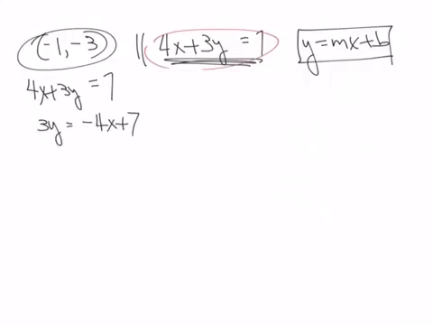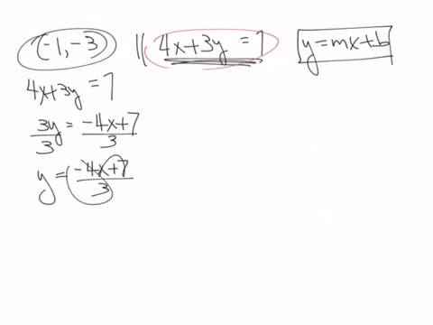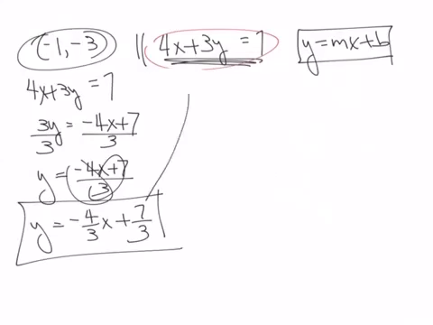We move the -4x over, then we divide by 3, and we get y equals -4x plus 7 over 3. Now we have to split that up. So y equals -4/3 x plus 7/3. Alright, that is that put in slope-intercept form.